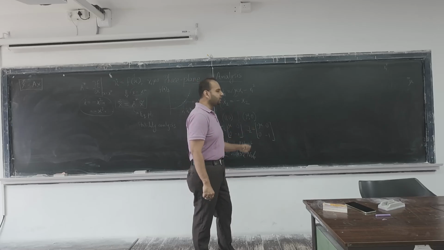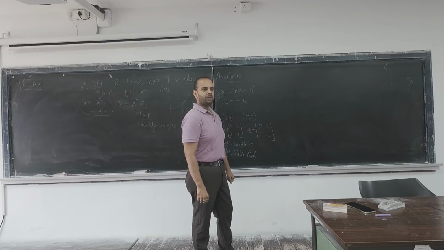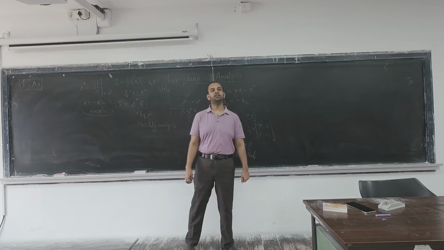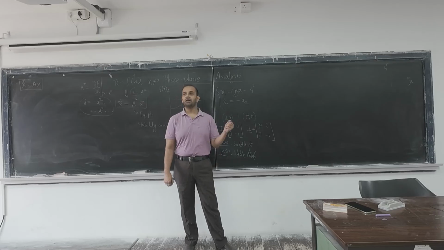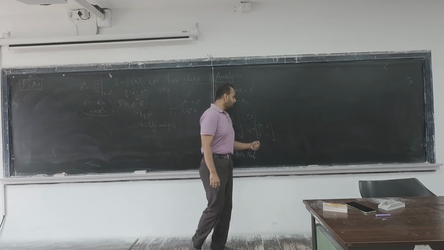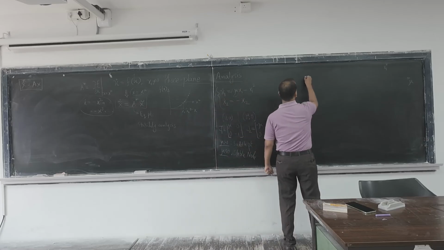So from these two examples, we could see that bifurcation doesn't only mean that the stability property will change depending upon a parameter, but the number of equilibrium points can also change, okay? Later we will learn bifurcation in detail.